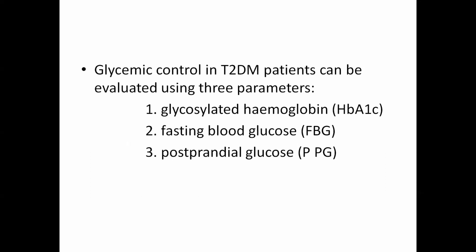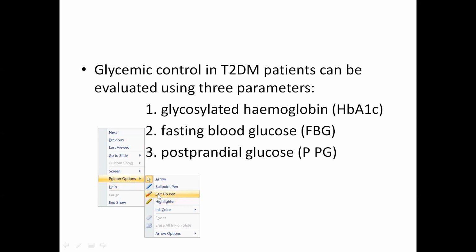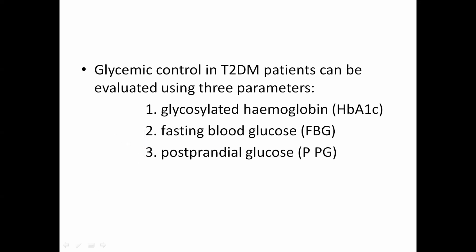So let's discuss. Glycemic control in type 2 DM patients can be evaluated using 3 parameters: hemoglobin A1C, fasting blood glucose level, and postprandial glucose. So what is hemoglobin A1C, by the way? What is hemoglobin A1C or glycosylated hemoglobin?